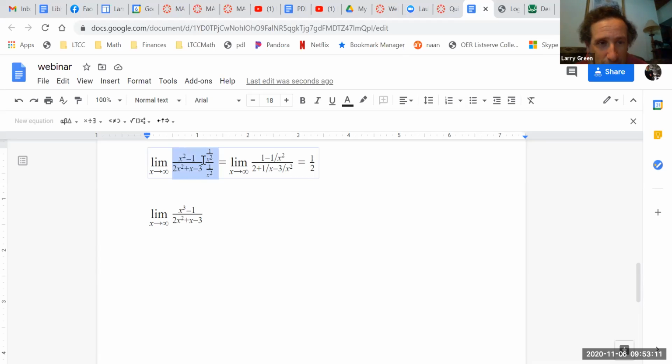Instead of multiplying by 1 over x squared over 1 over x squared, what would I multiply by now, top and bottom? Yeah, we're going to have 1 over x cubed over 1 over x cubed. And when I do that, things change a lot.